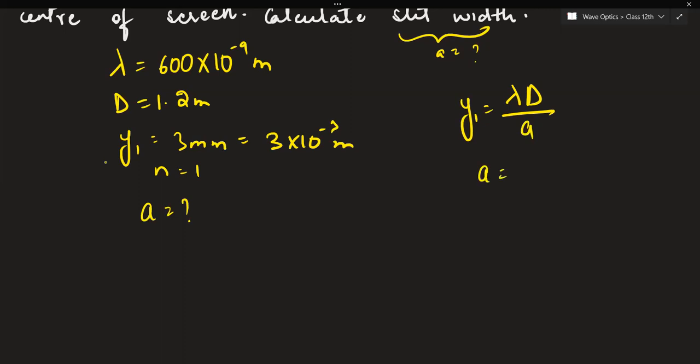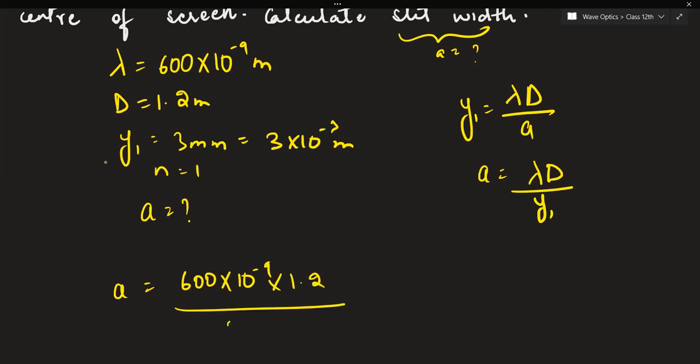So a will be equal to lambda D by y1. So a is equal to 600 into 10 to the power minus 9 into 1.2 by 3 into 10 to the power minus 3. So this becomes 2.4 into 10 to the power minus 4 meters.